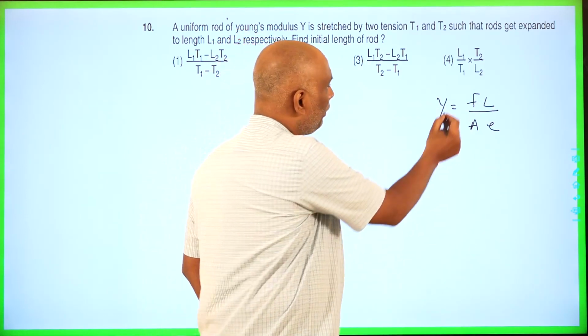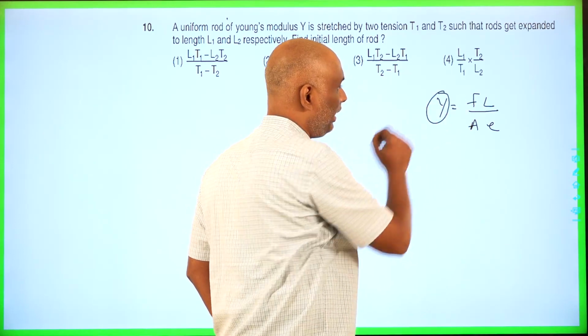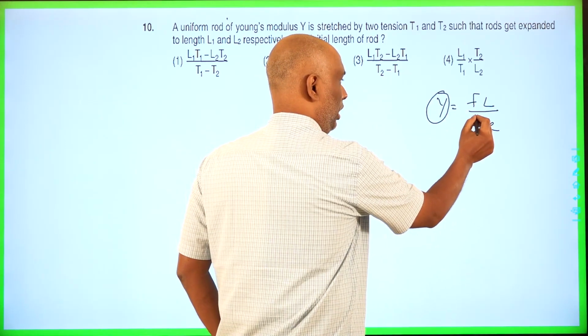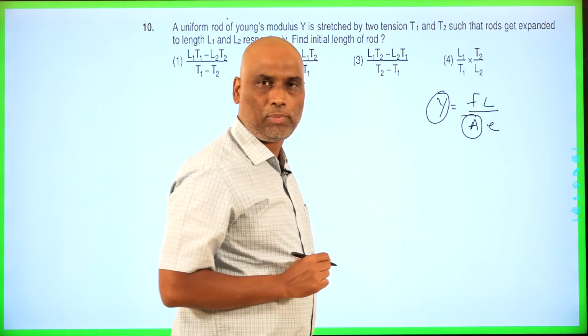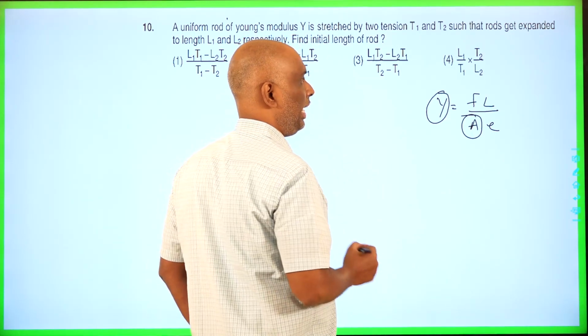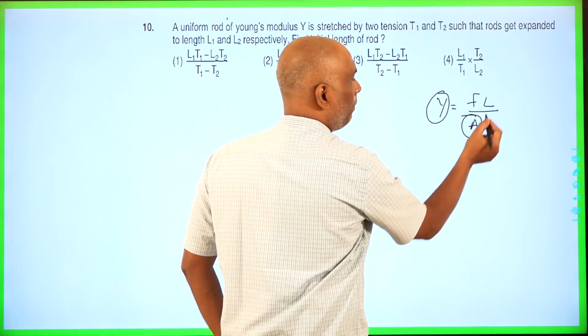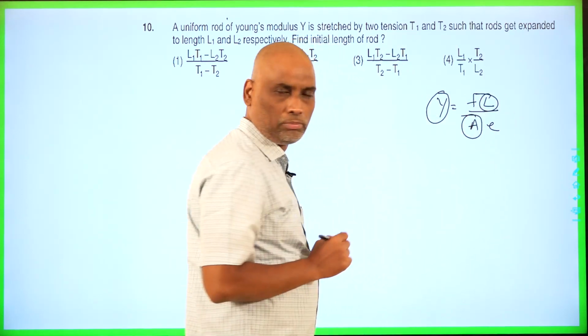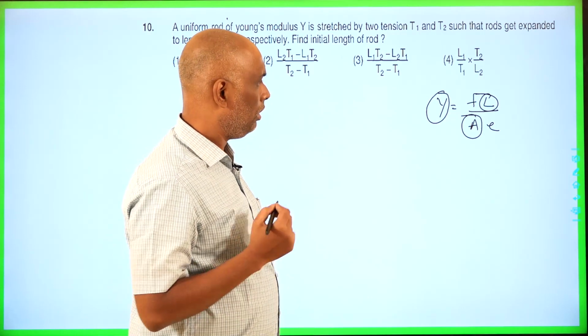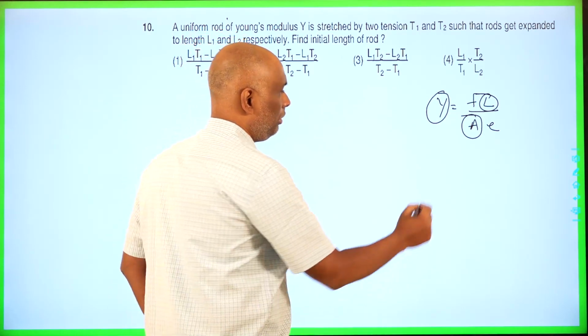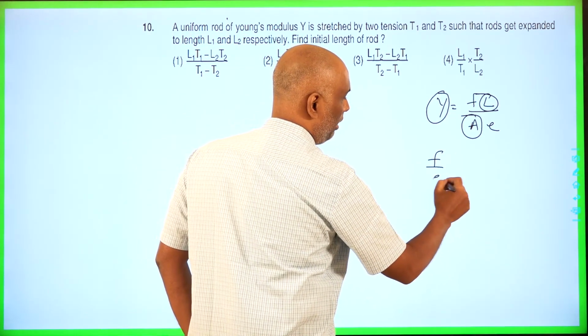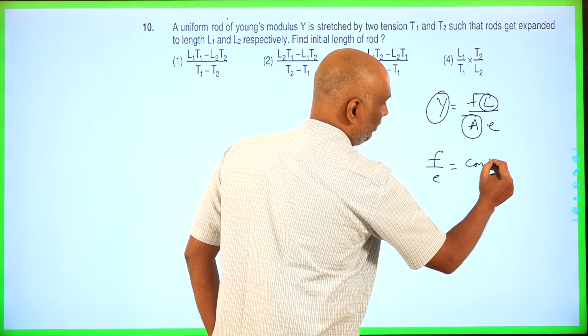For the same rod, this value of Y will be constant. The area of cross section A will be constant. Next, force is changing. Initial length will be the same. When these are the same, we can say that force divided by elongation will be constant.